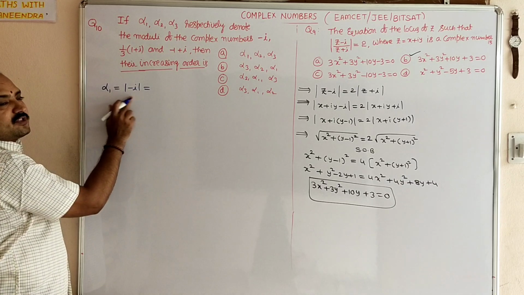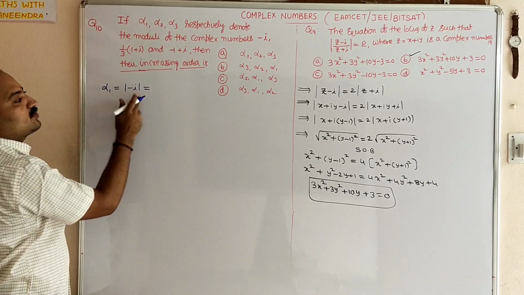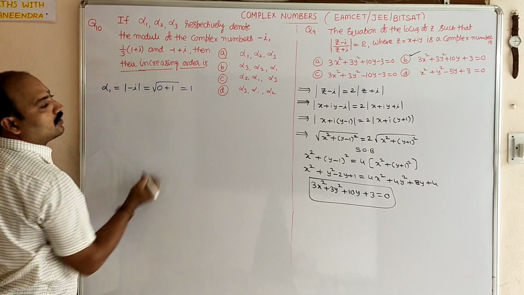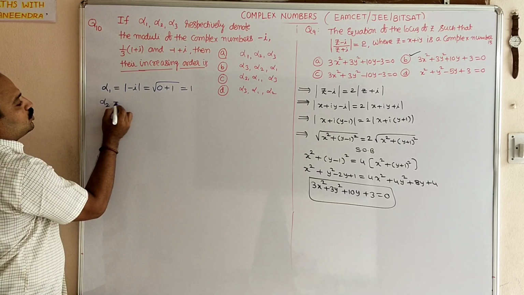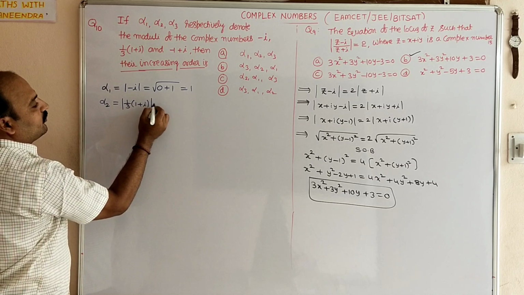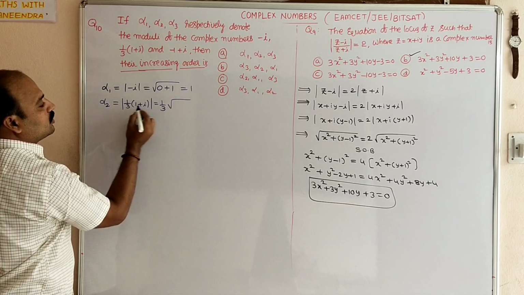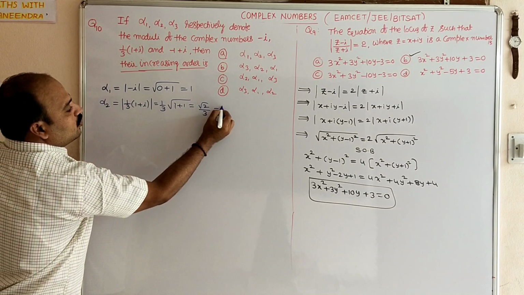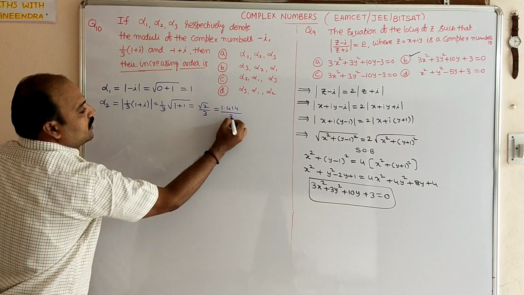It is in the form x + iy, where x is 0 and y is -1. So root of 0 + (-1)², which is 1. Next, α2 is the modulus of (1/3)(1 + i), so 1/3 times the square root of 1² + 1², which is root 2 by 3, that is 1.414/3.